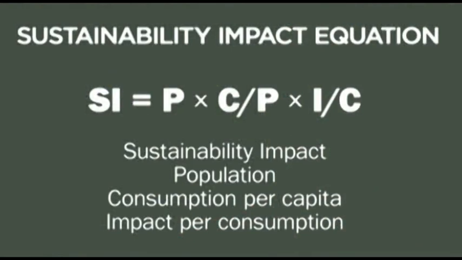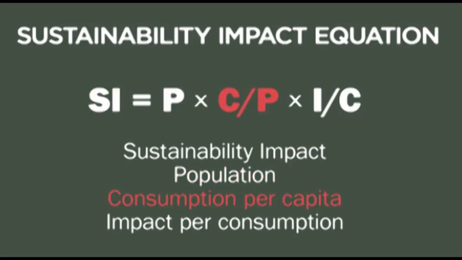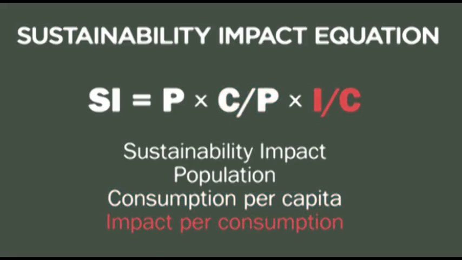In this case, the impact equation refers to sustainability: impact is equal to the population multiplied by the consumption per person and the impact per unit of consumption. Now if you actually do the math on this, you'll see that it reduces out and that the impact equals the impact.